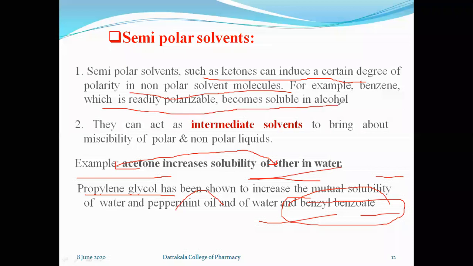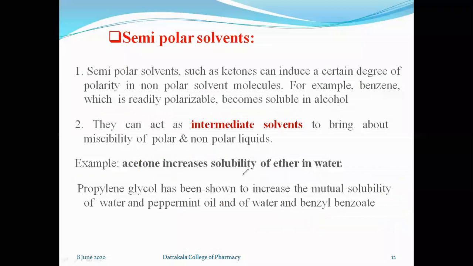In the initial slide, we have explained in that chart how these semipolar solvents increase the polarity of the other solvents, and how these are helpful to solubilize one solute into another solvent. That means the semipolar solvents just act as polarity inducers.